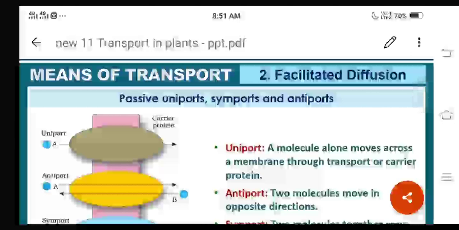Some carrier or transport proteins are present in the membrane only. Some carrier or transport proteins allow diffusion only if two types of molecules move together, and they are of the following types. Among them, one is called what here?